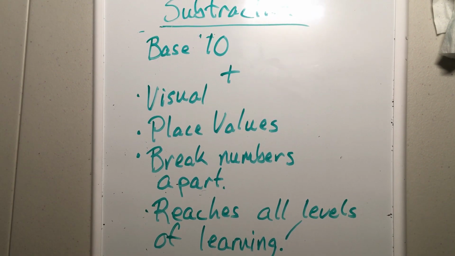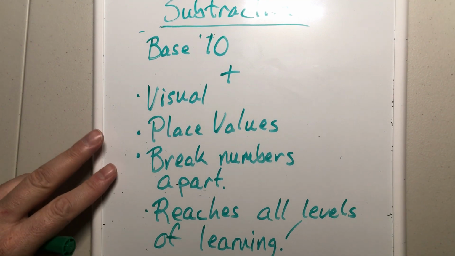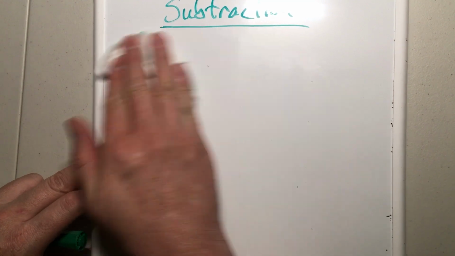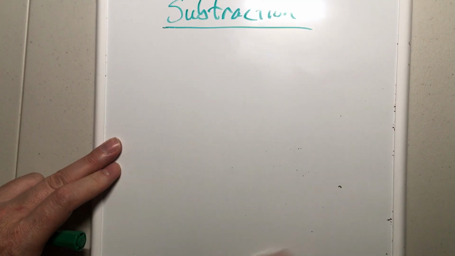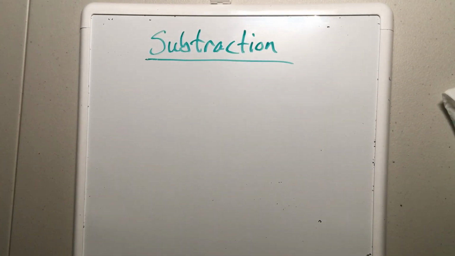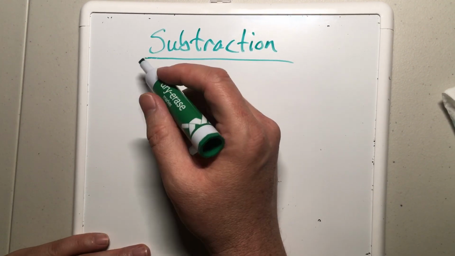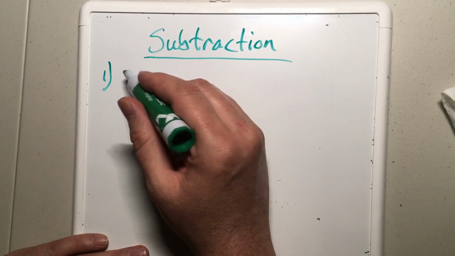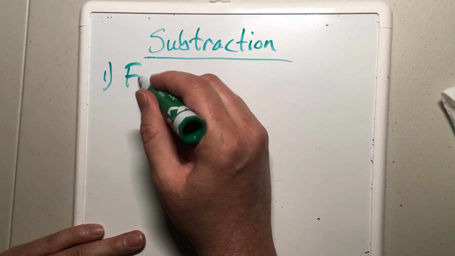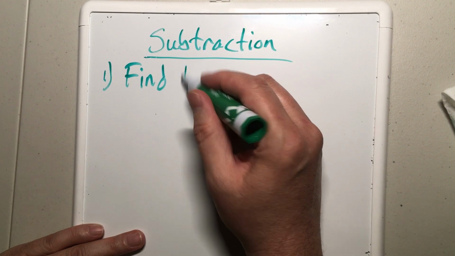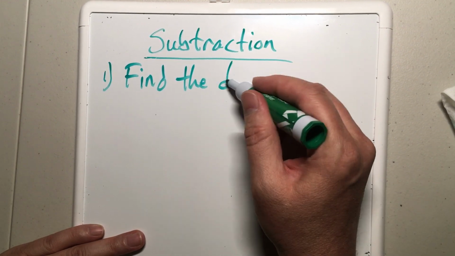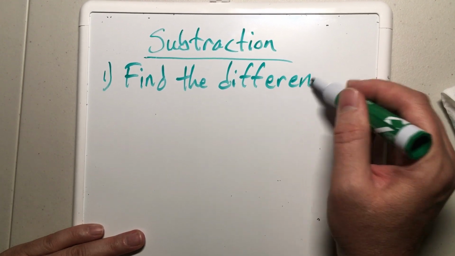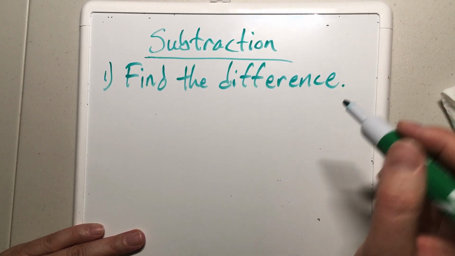Awesome. Okay, so let's go ahead and just do a quick review. All right, so once again, the two different styles of thinking about subtraction are to find the difference between the minimum and the maximum.